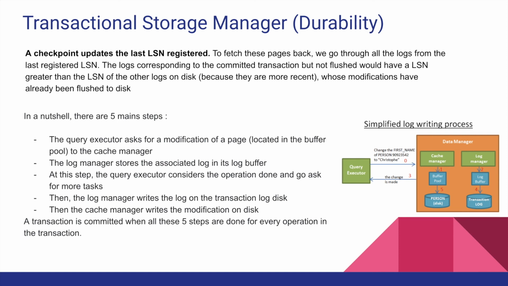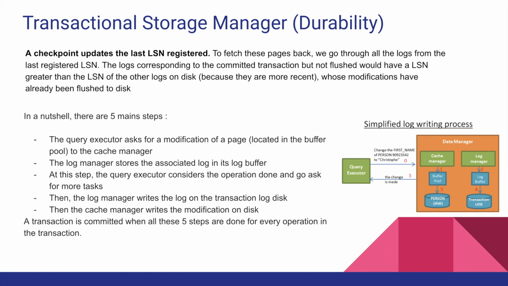So in a nutshell, there are 5 main steps. The query executor asks for a modification of a page located in the buffer pool to the cache manager, that's the buffer manager in our case. The log manager stores the log associated to the modification in its log buffer.